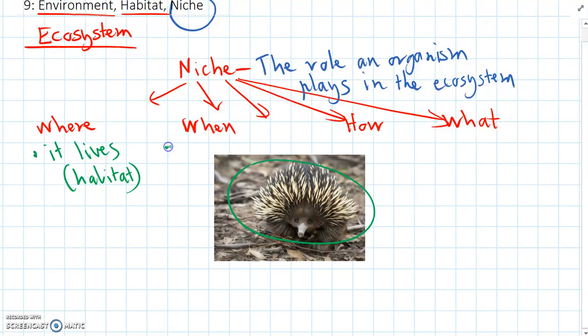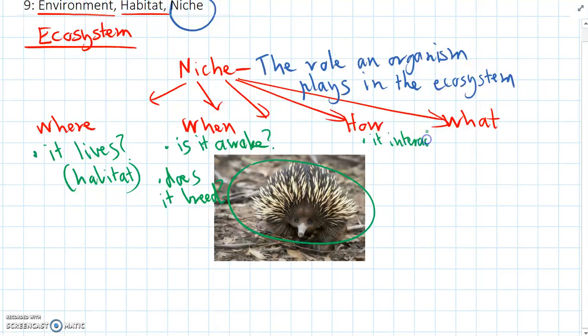when, this is things like when is it awake, is it nocturnal, or is it awake during the daytime, and when does it breed as well, because many species only breed at certain times of the year. The how questions we can ask are: how does it interact with other species?